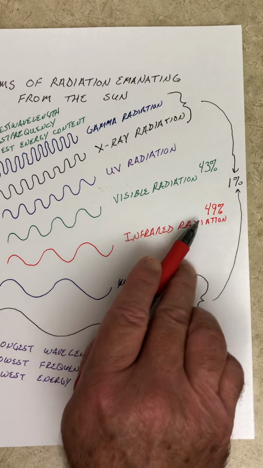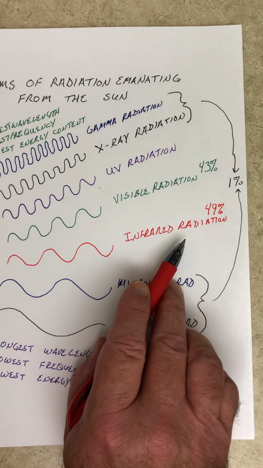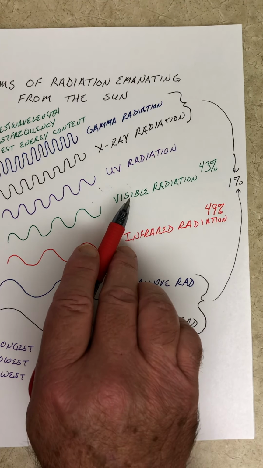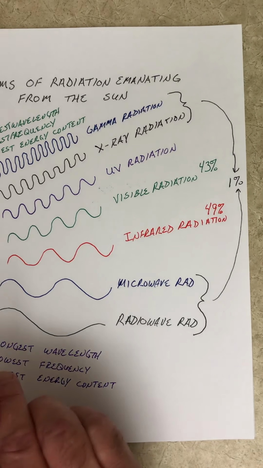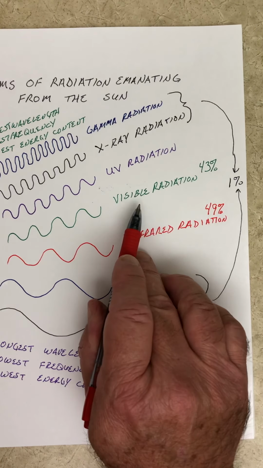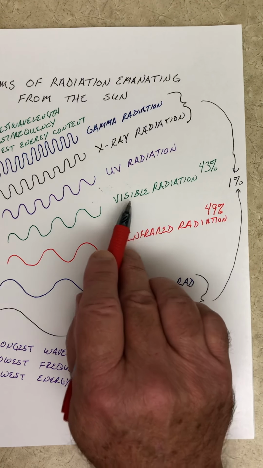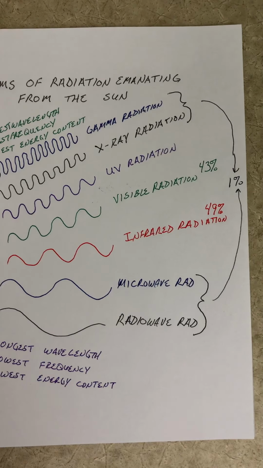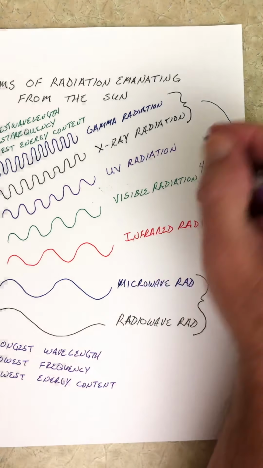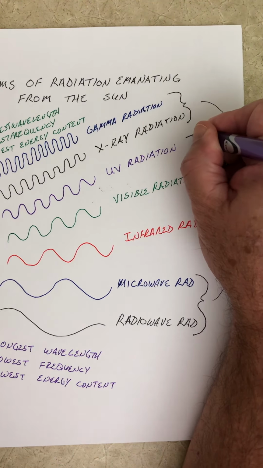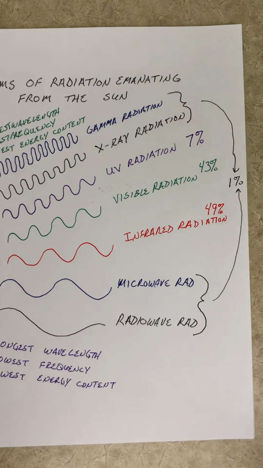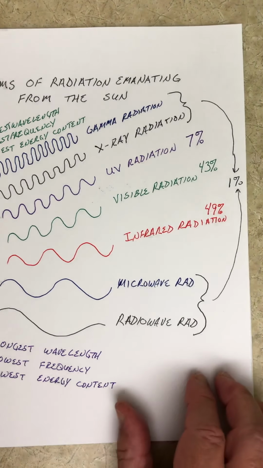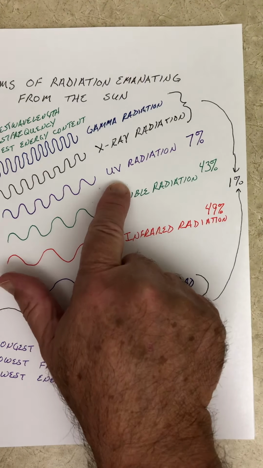That's 92% of the solar radiation that reaches the top of the Earth's atmosphere is in either the form of visible radiation or infrared radiation. And so that leaves ultraviolet radiation at about 7%.